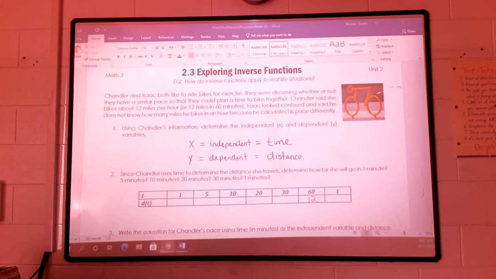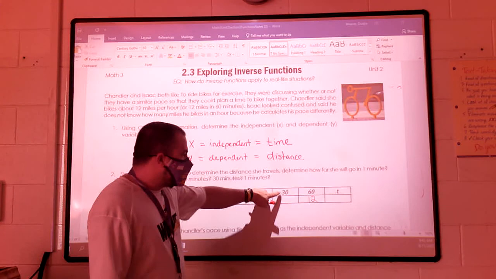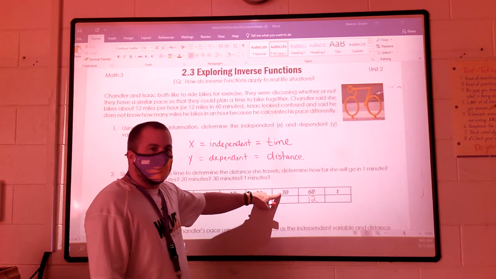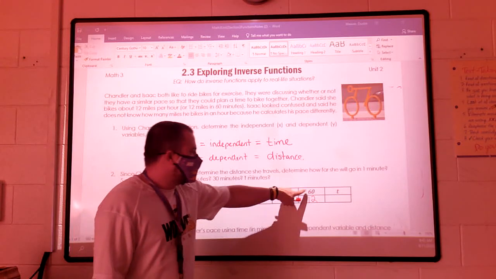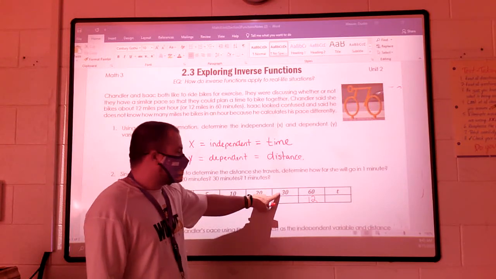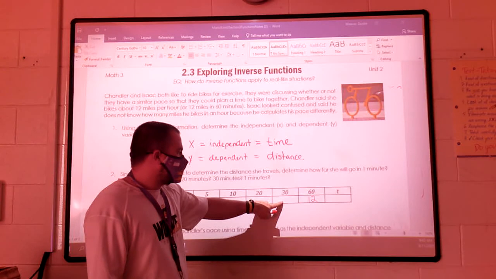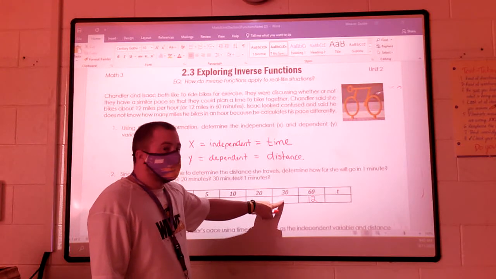Yeah, 12 times 5 gives you 60. So 60 divided by 5 gives you 12. So what we're able to do is take these and divide by 5, and that's going to tell us how far they went. So in 60 minutes, if they go 12 miles, then in 30 minutes, how many miles can they go? 6. Yeah, divided by 5.